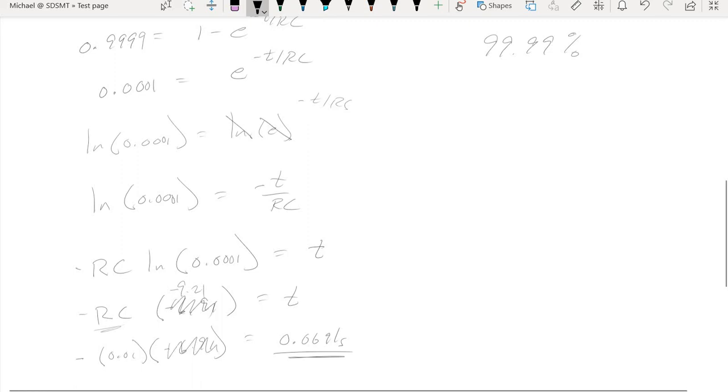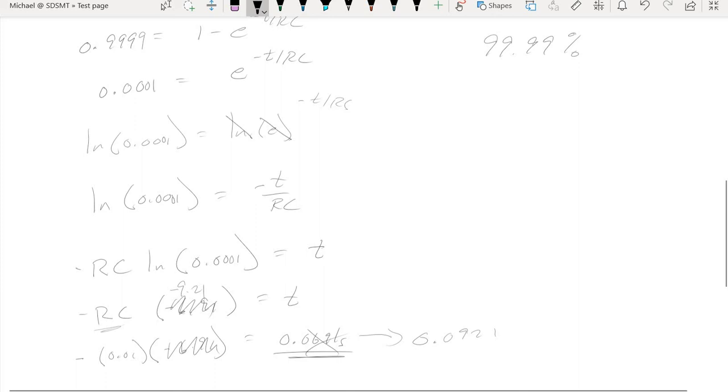And that's an increase of almost 50%, which means that we're going to see an increase in almost 50% of the required time just to add an extra 0.01%.